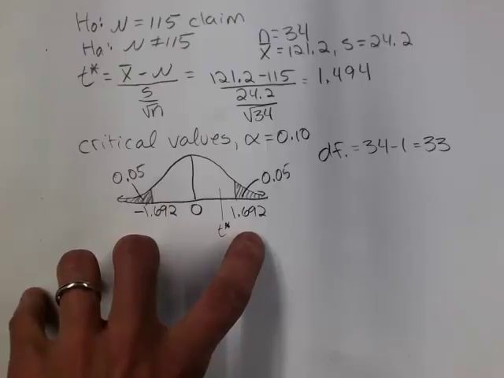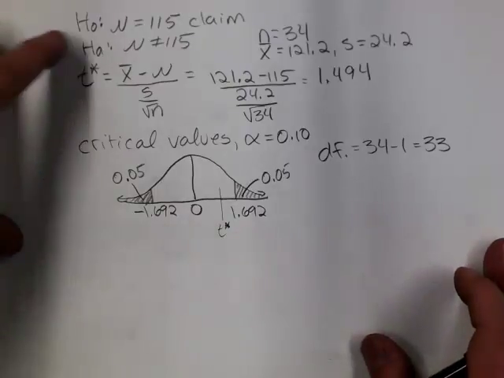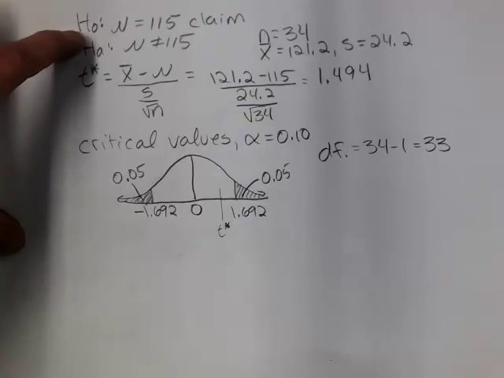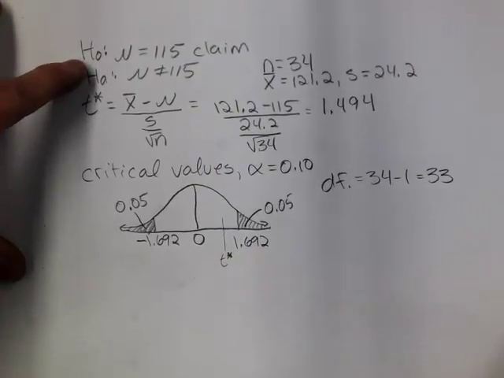So the decision right now will be to fail to reject the claim, and that will be the decision when we're done, too. If I'm failing to reject the null, am I supporting the claim in this problem? Yes, because we're keeping the null, and in this case the null is the claim.